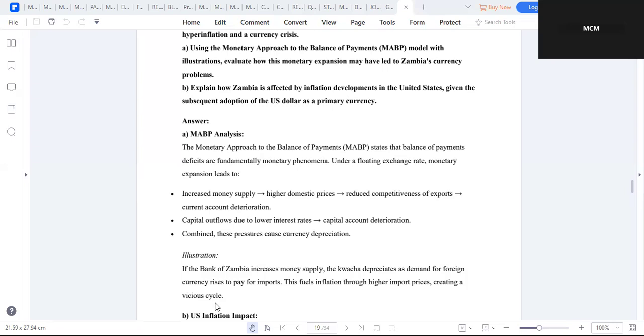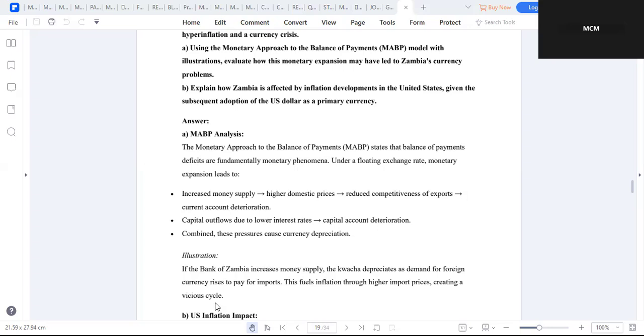The second implication of this would be the loss of monetary independence. Zambia could not print US dollars or control its supply. So it would lose its ability to set its own what? Interest rates or to adjust the monetary supply to stabilize the economy. The other implication is the impact of the US Federal Reserve policy.